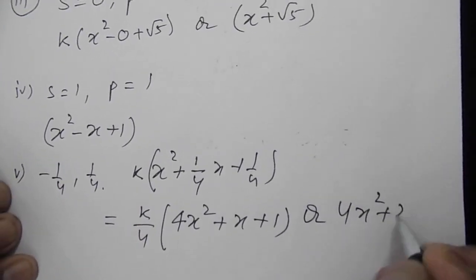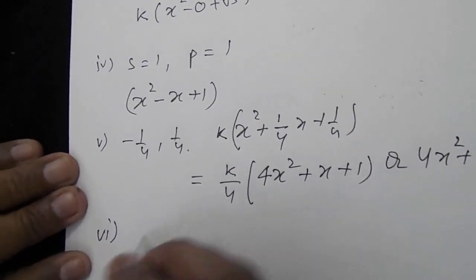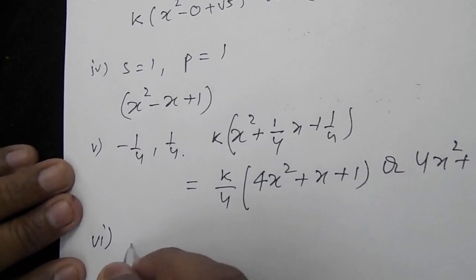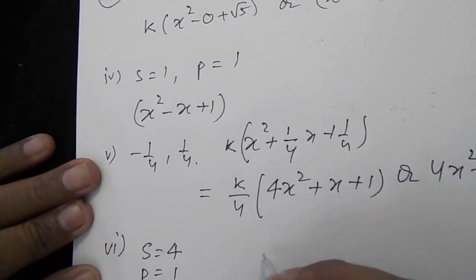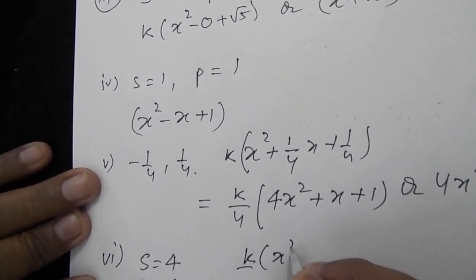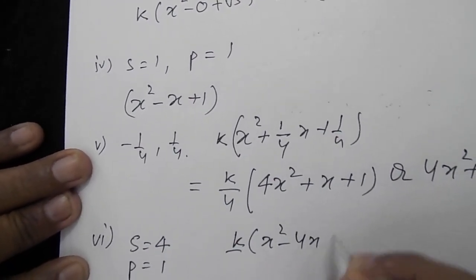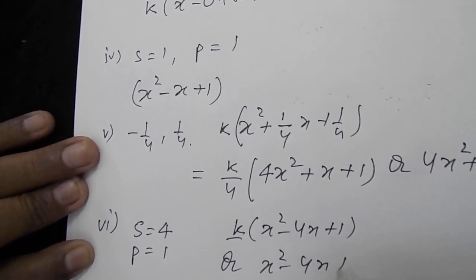The last part, where the polynomial is given as, sum is given as 4, product is given as 1. So the polynomial is k times x square minus 4x plus 1 or x square minus 4x plus 1.